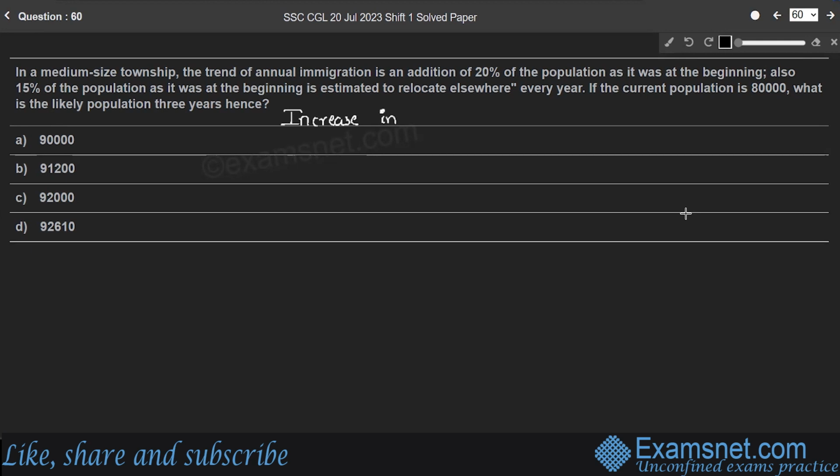So let us consider increase in immigration every year or in a year is 20%, right?